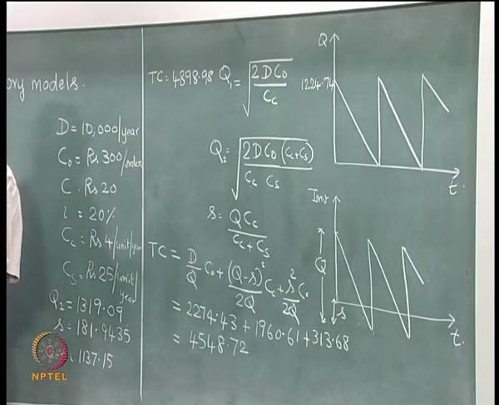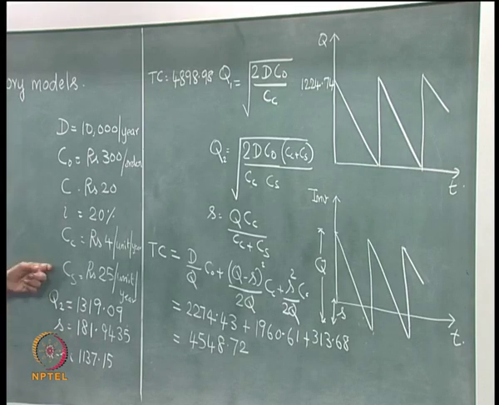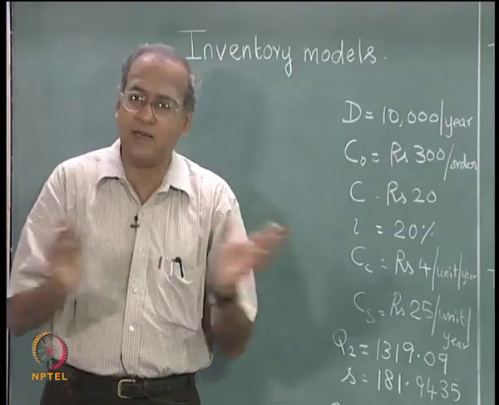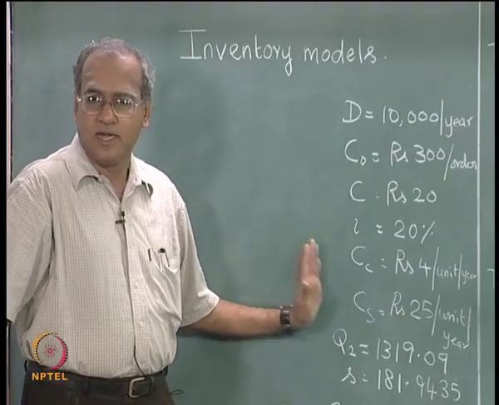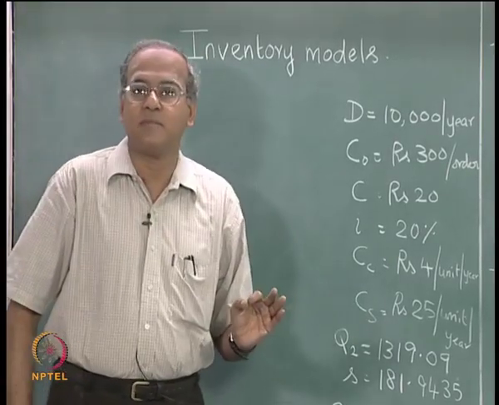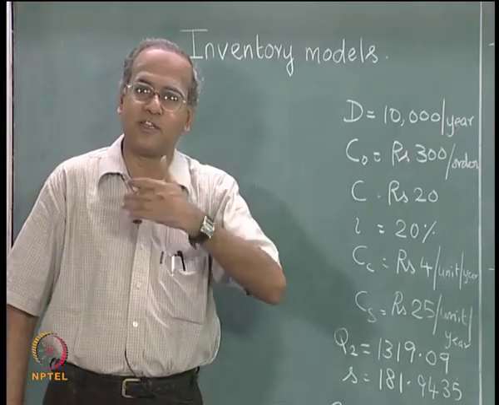But the actual way to look at it is, unless we are absolutely sure about the correctness in the computation of CS, and we know that this is exactly the backorder cost, and let us say we have included the loss of goodwill and all those intangible costs that cannot be measured easily, let us say we have measured all the costs, and if the organization is very clear that this is my backorder cost and this is exactly what I am going to incur, there is going to be no delay to the customer, therefore there is no cost associated with this.